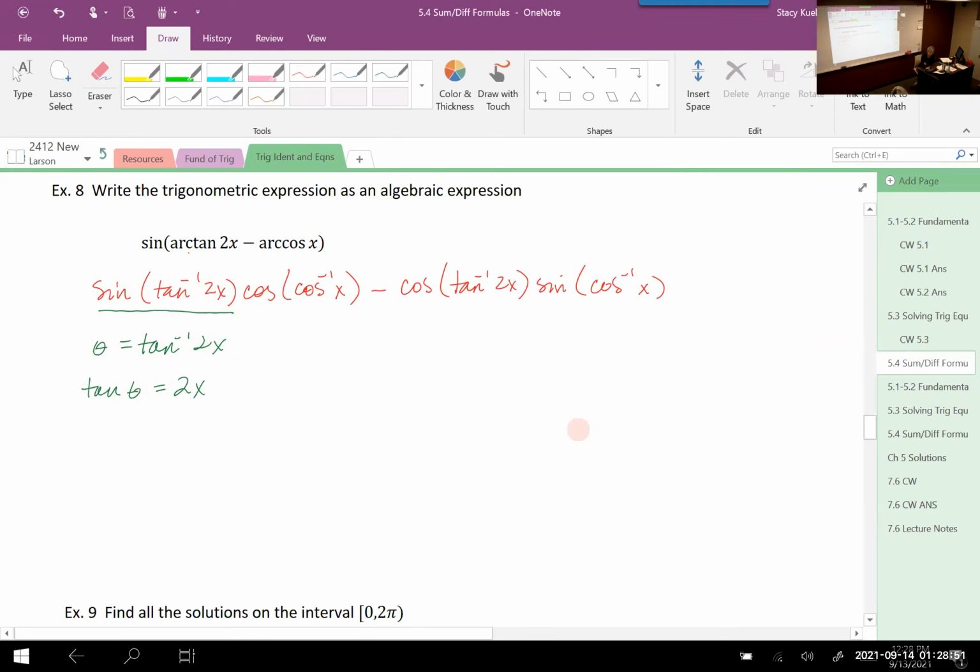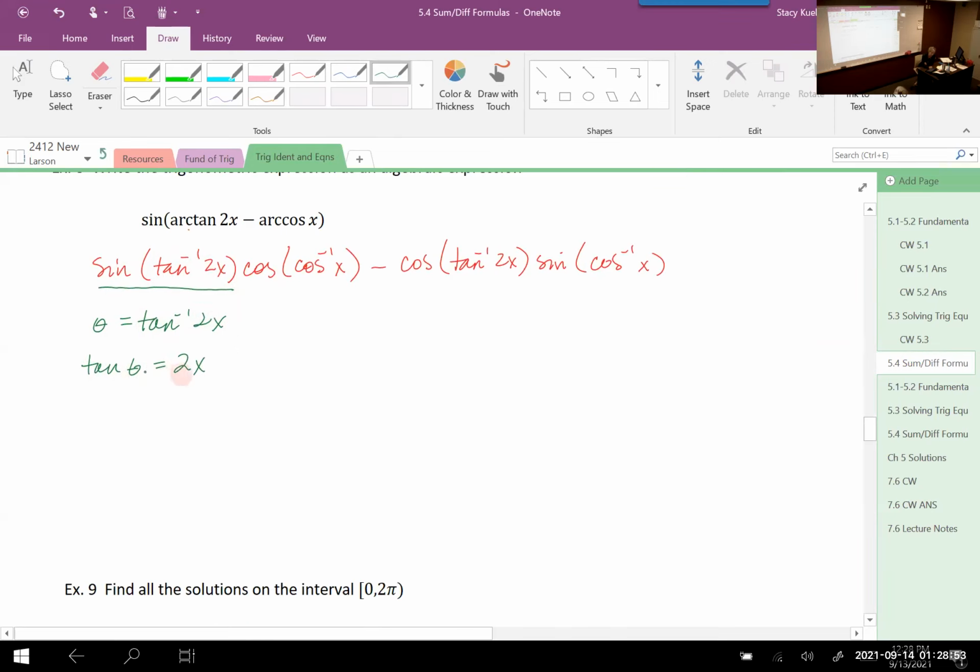So I have my tangent defined as my y value, which is 2x, over my x value, which is 1. And I need to know what r is.